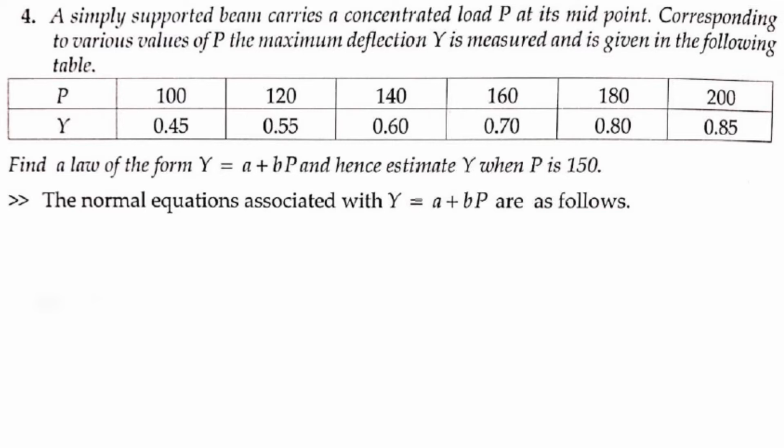The normal equations associated with this type of linear equation are given by. Let us write down the normal equations. How do we write? First will be summation of y. Then we write constant into n, which we have already seen and learned.